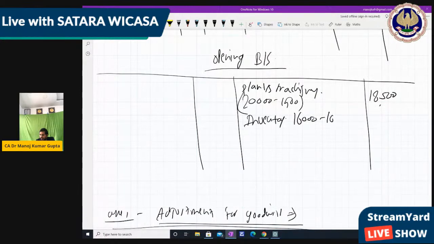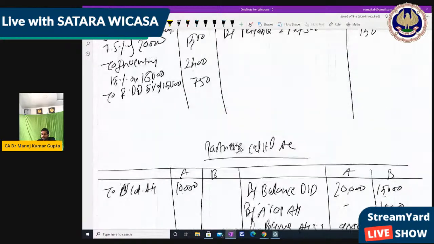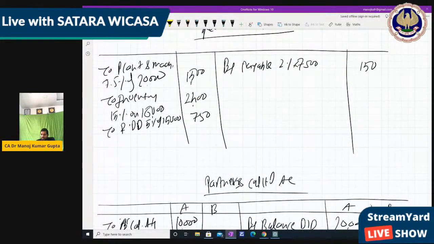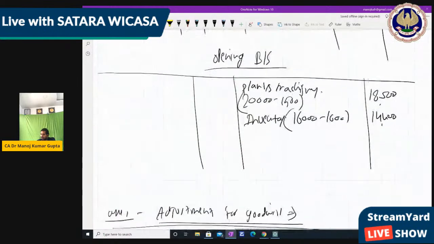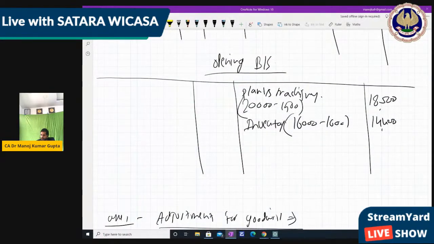It's 16,000 less 15%, 2,400, not 1,600. On 15% charge, right? So 2,400. 16,000 less 2,400 is 13,600.